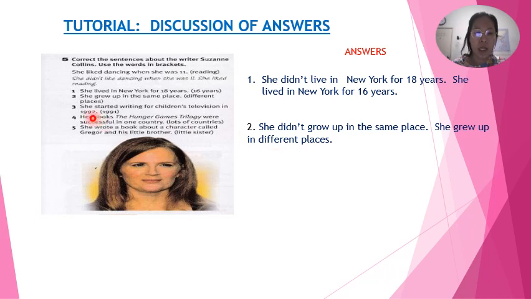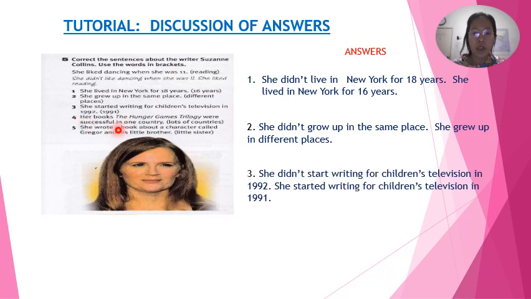Okay, number 3. She started writing for children's television in 1992. Okay, this one is wrong. We should change it to she didn't start writing for children's television in 1992. She started writing for children's television in 1991. Okay, number 4.